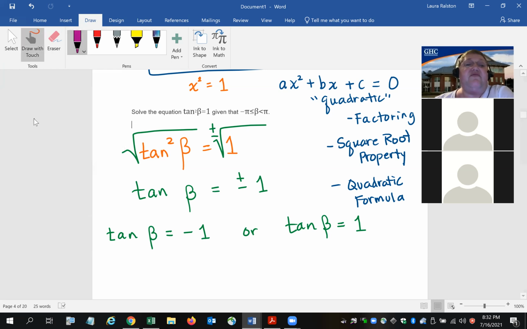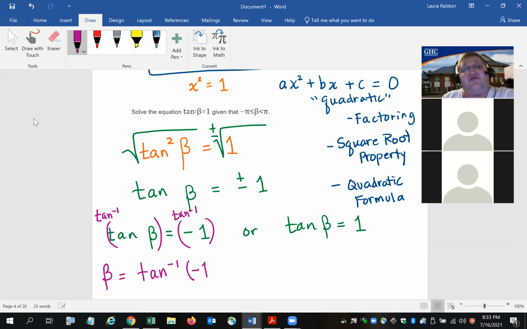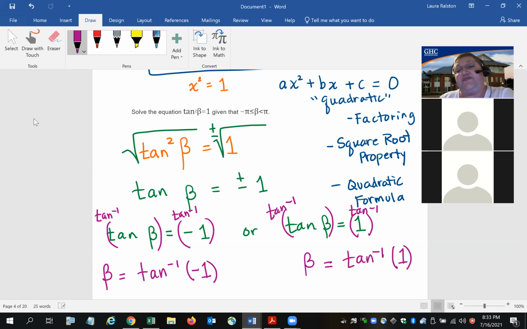Formally, if you're following the trigonometry rules very rigidly, we then take the arctangent of both sides so that we have beta equals the arctangent of negative 1 or beta equals the arctangent of 1.